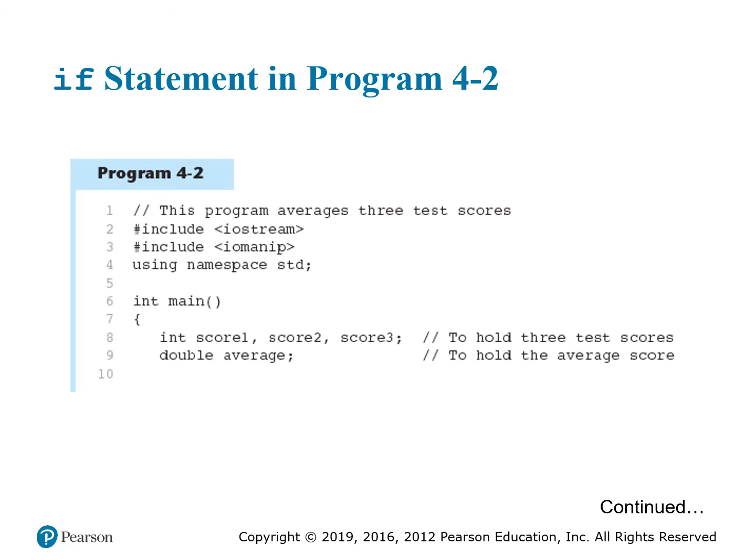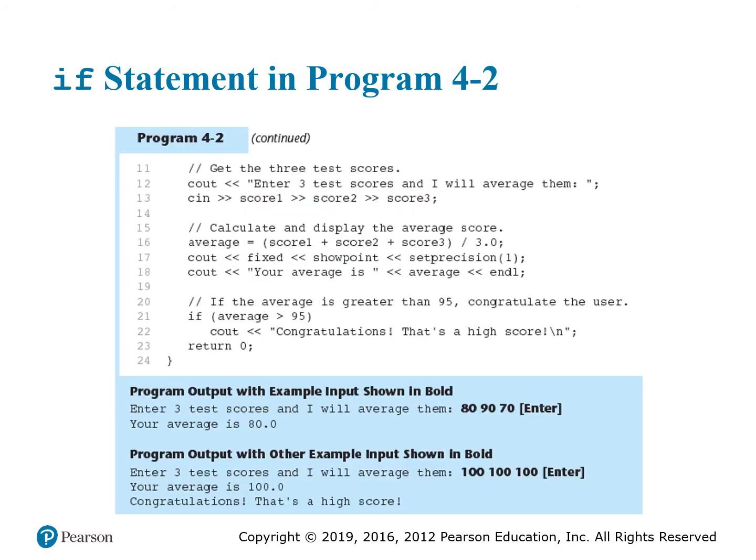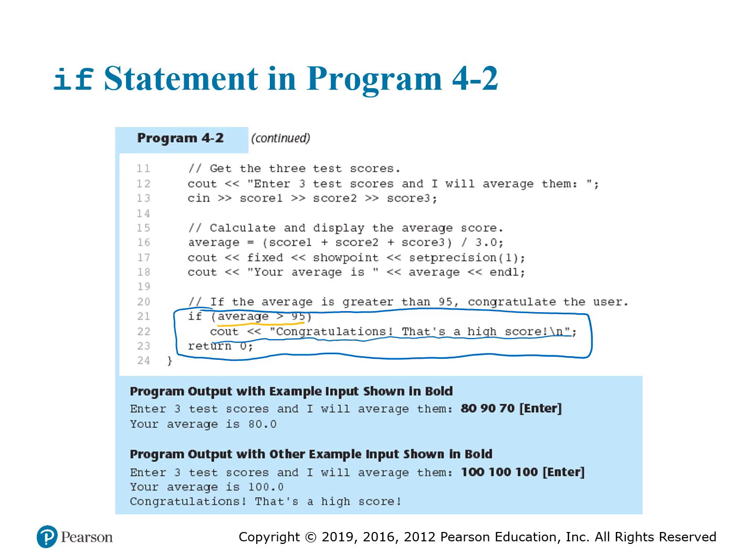Okay, so if we want to conditionally congratulate a student on getting a good score, we can write a program that says if average greater than 95, cout congratulations, that's a high score. So here, if and only if the condition average greater than 95 is true will we execute this cout output statement.